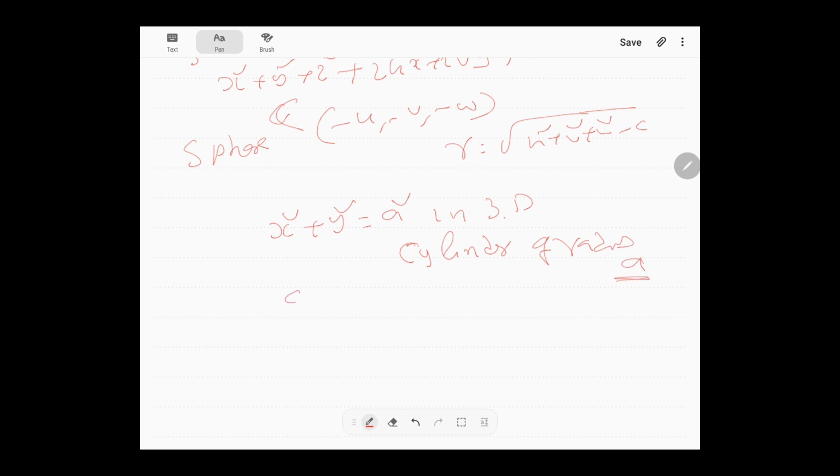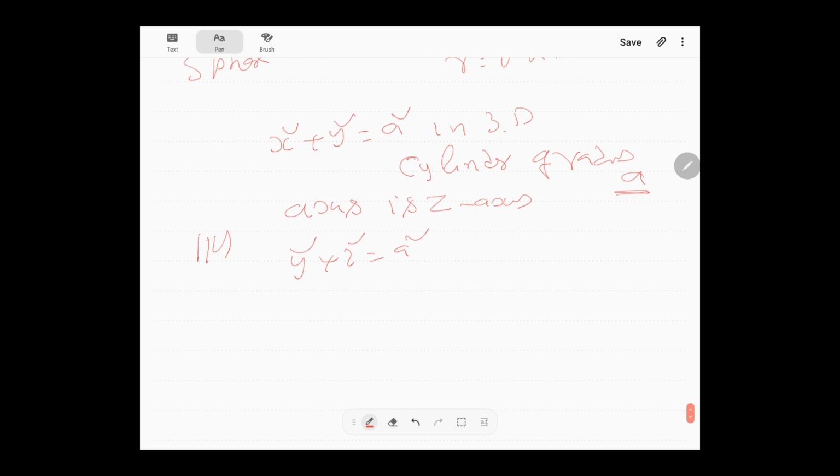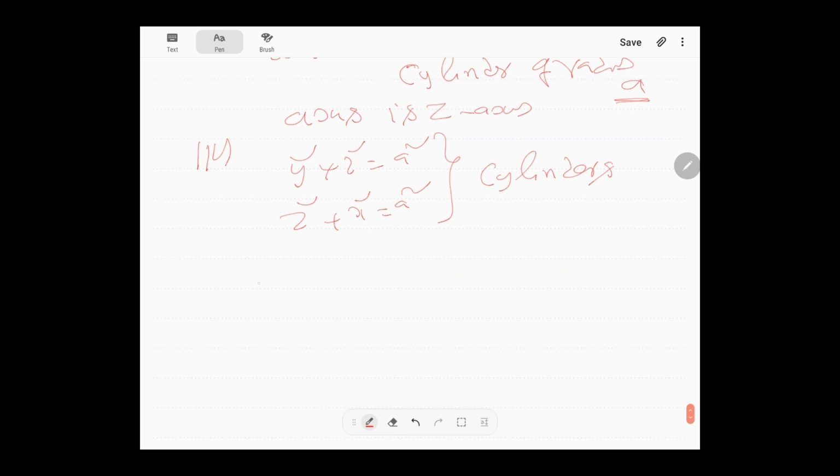The axis is the z-axis. Similarly, y square plus z square is equal to a square and z square plus x square is equal to a square. These two also represent cylinders. You just remember all that information.